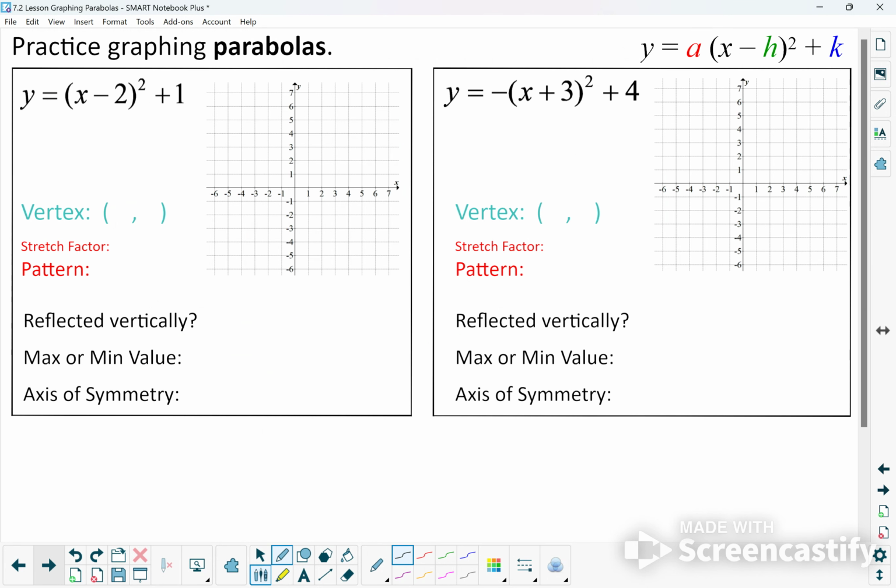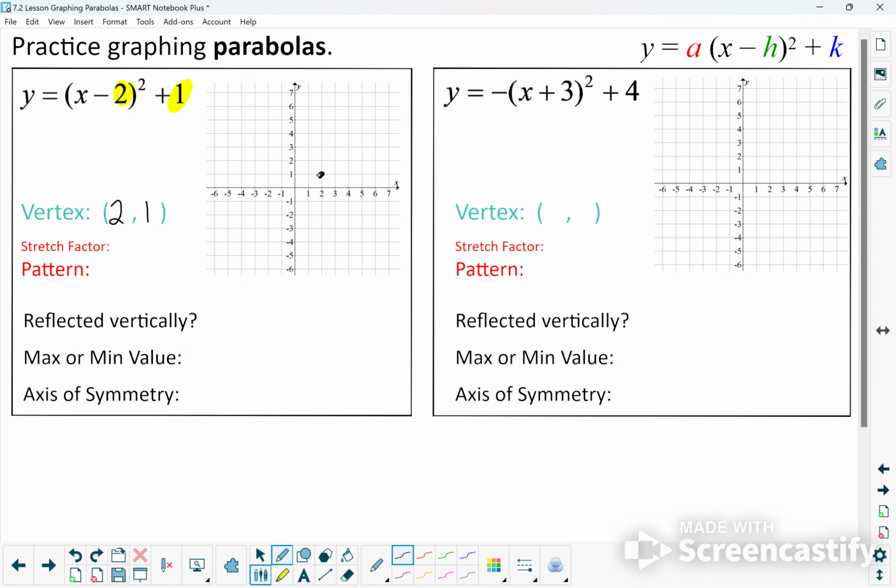Okay, so let's try graphing a couple of these. So our first parabola is y equals (x minus 2) quantity squared plus 1. So just like with our absolute value functions, we want to identify the vertex by looking at these two numbers in our function. So our vertex here is (2, 1).